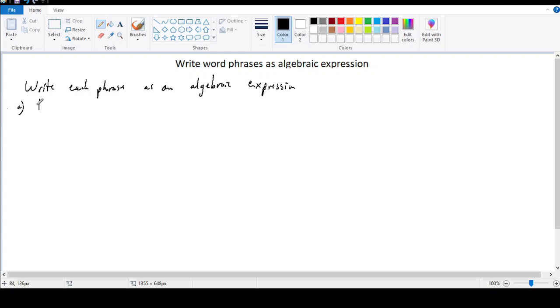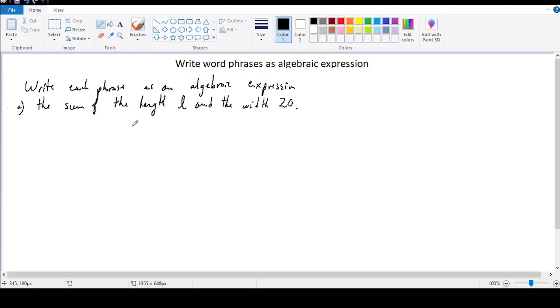Number 1: the sum of the length L and the width 20.